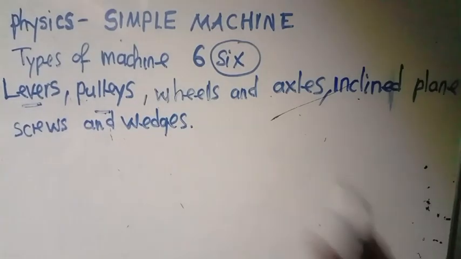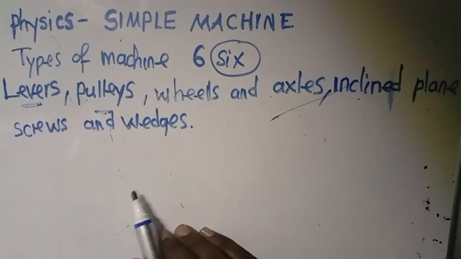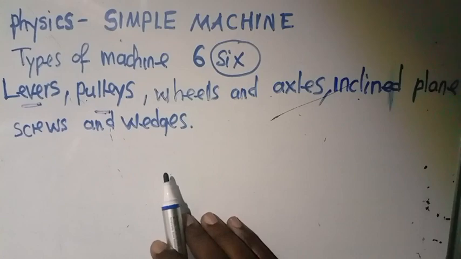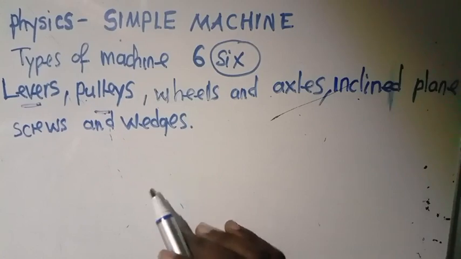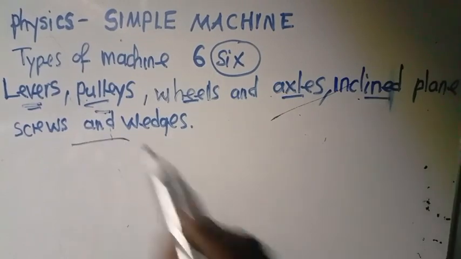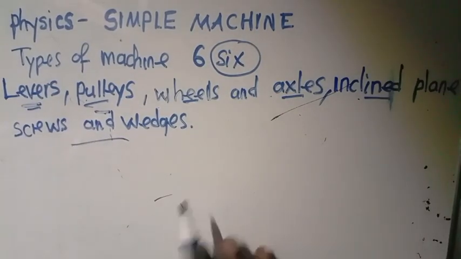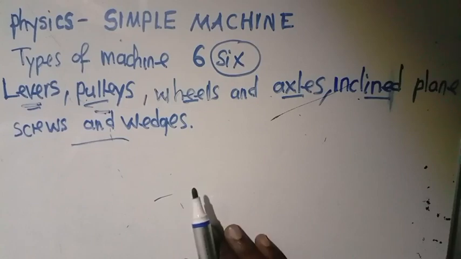So these are some of the machines that we are going to talk about. We are much more familiar with pulley. So all these, 1, 2, 3, 4, 5, even 6, are the ones that we need to know.